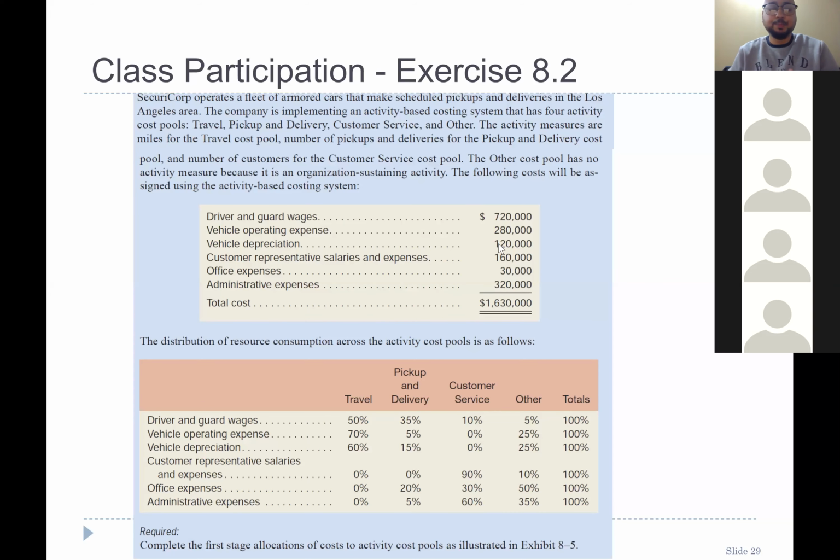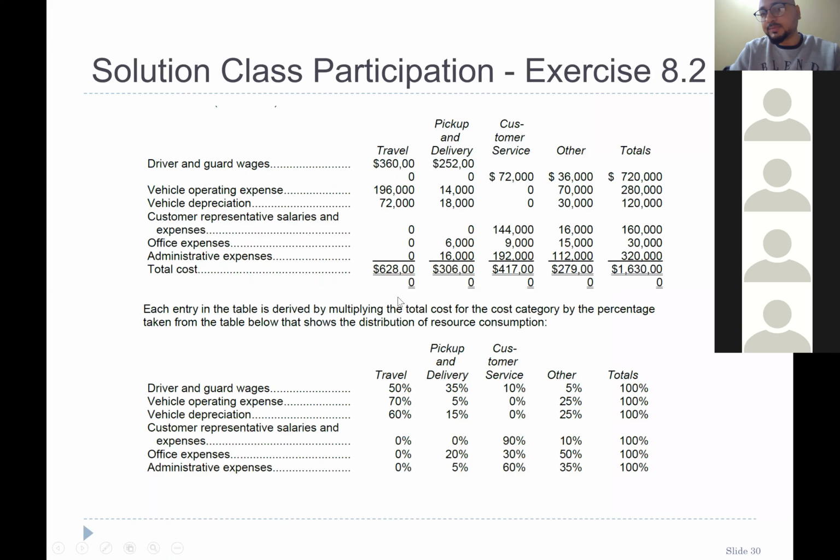Okay, so we just finished the breakout room activity. So let's compare the answers. What is the cost pool for travel? The total is 628,000, which is 0.628 million.